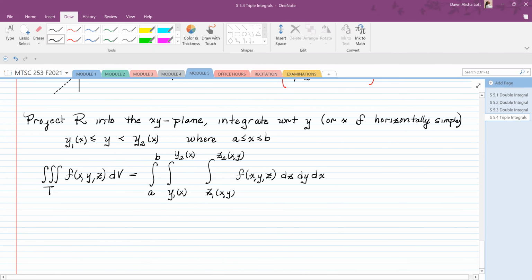Okay, now if the region is horizontally simple, actually, let me get rid of this.